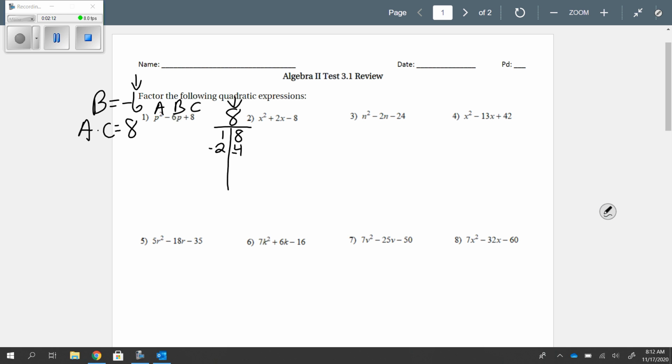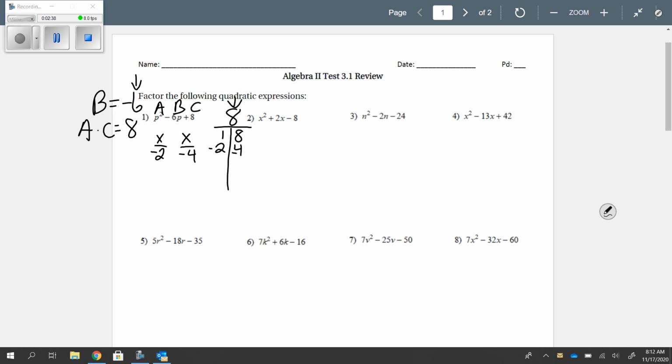The next step, it's a very, very important step. Please don't forget it. We take A, which here is 1, A of X, or this time it's P. I don't care what letter you use. Let's just use X so we don't get confused. A, which is 1, we make our two fractions with AX on top, so 1x, and our winning factors, negative 2 and negative 4 on bottom.